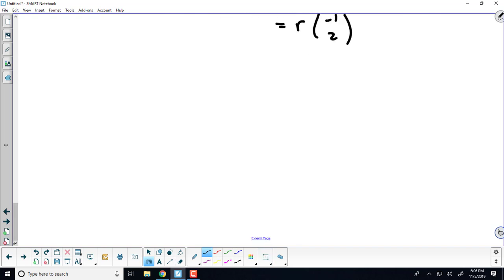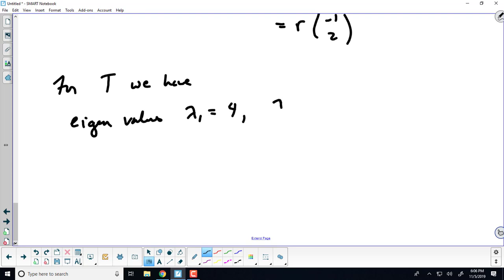So for our transformation T, we have eigenvalues lambda 1 equal to 4 and lambda 2 equal to negative 1, with eigenvectors, do we get 2, 1, or 1, 2? 2, 1.